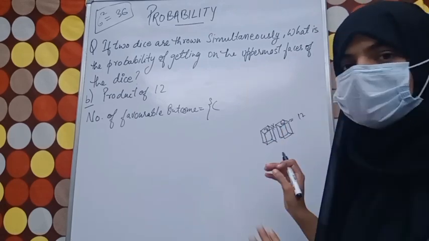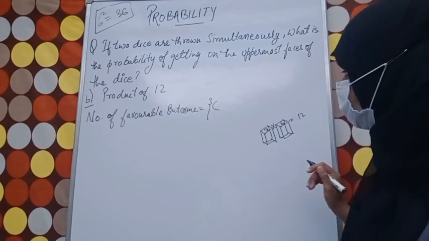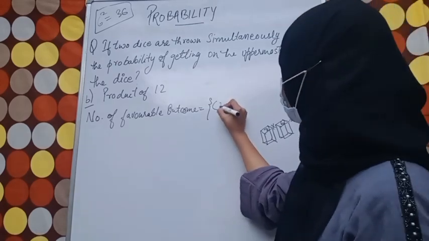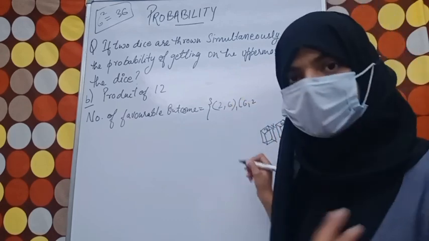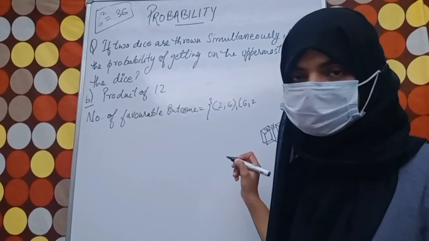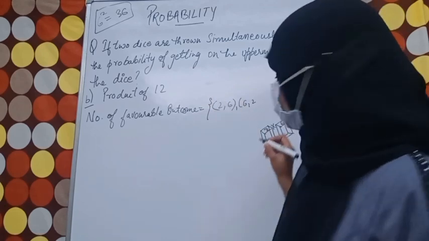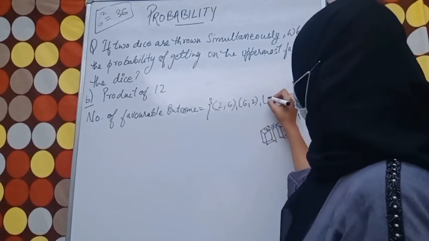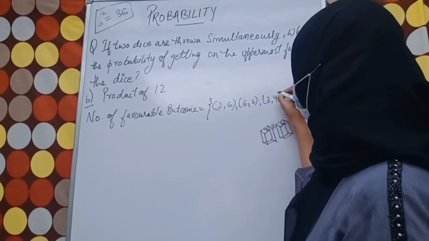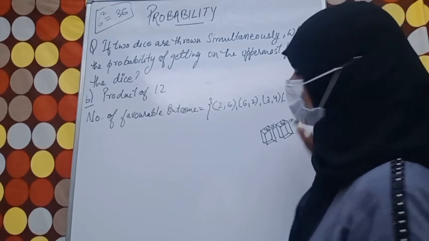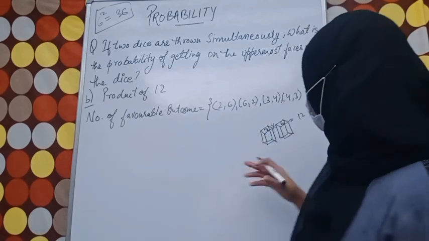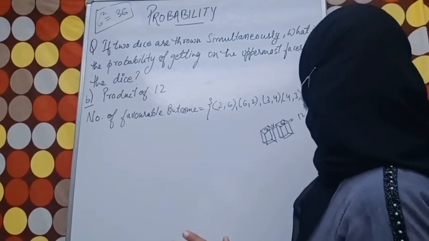Whatever the uppermost number will be. So we have to concentrate on the question. So we can say 2, 6 and 6, 2. Inverse we have done. 6 2s are 12, 2 6s are 12. And 3 4s are 12, 4 3s are 12. Other than that, I don't think there will be any. So how many outcomes are there?